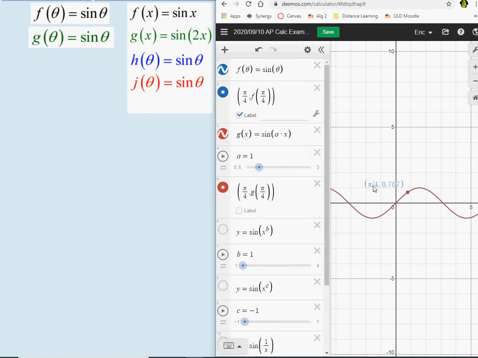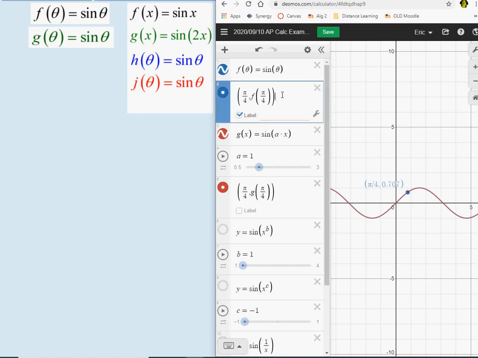Okay, but if I turn the a into a 2, what's that going to accomplish? Now that the function is seeing the input number 2 times pi fourths, which is pi halves, right?